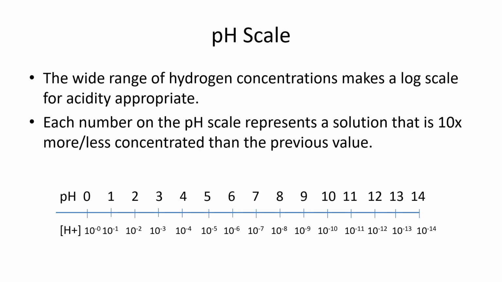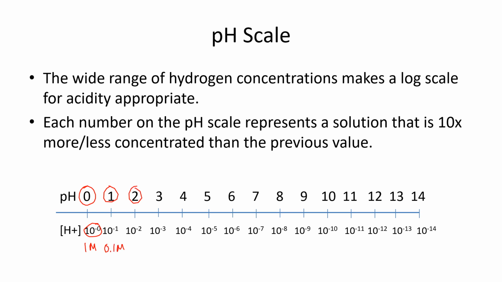So now that we have this measurement of hydrogen ion concentration that's related to logarithms, you end up with a logarithmic scale. A 0 on the logarithmic scale means 1 times 10 to the 0 on the concentration, which is 1 mole per liter. A 1 on the scale is going to be 0.1 moles per liter.